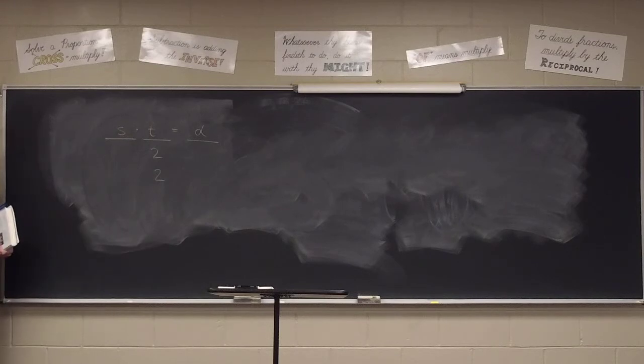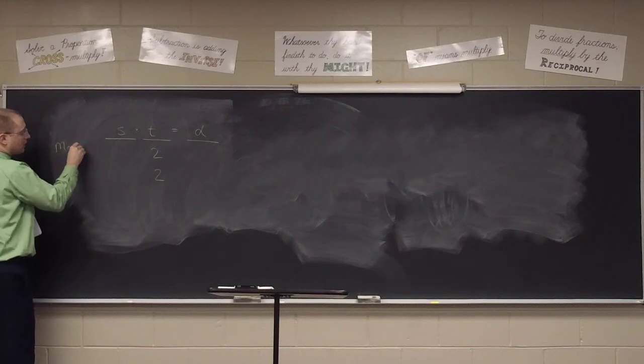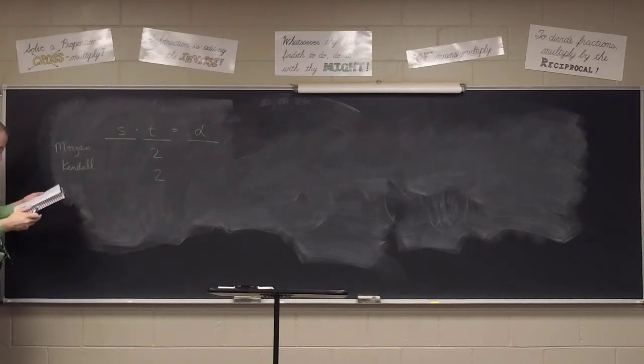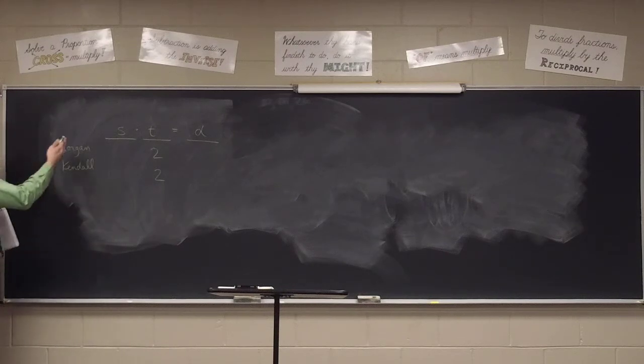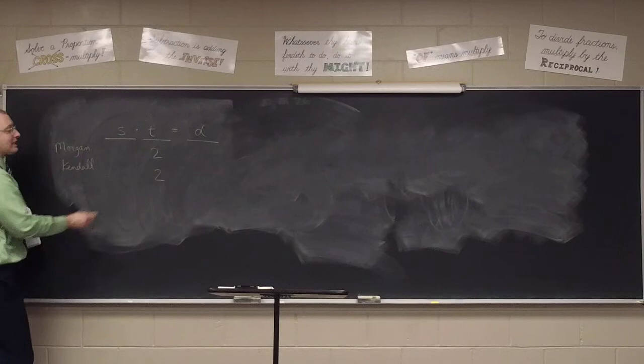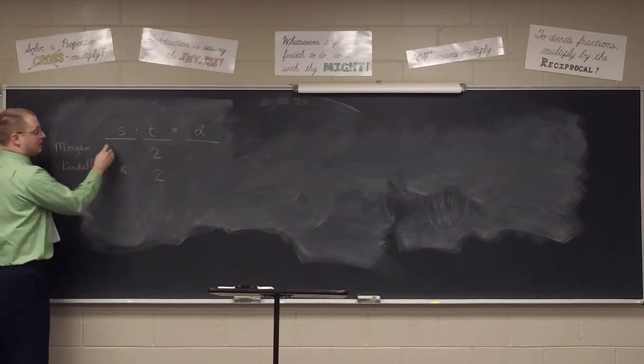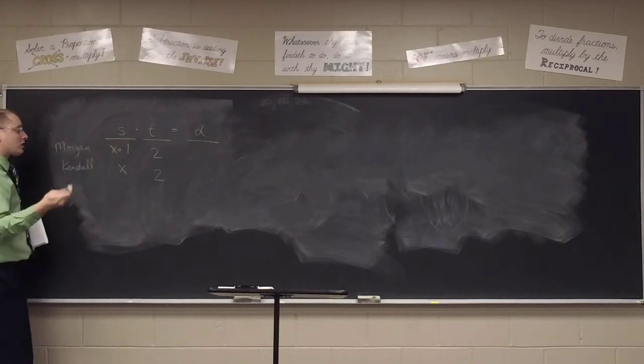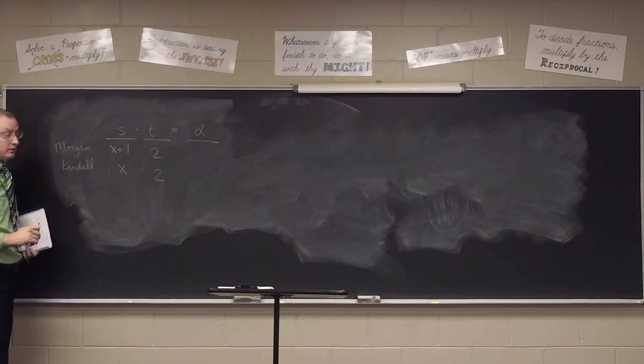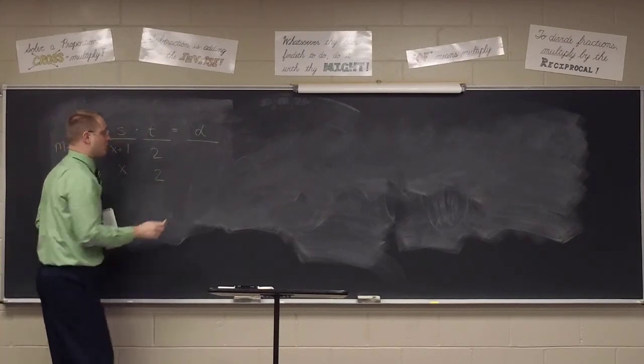What does it tell us about their speeds? That Morgan ran 1 mile per hour faster. Right, so who gets to be x? Kendall, because if Morgan's 1 mile per hour faster than Kendall, Morgan is x + 1. So how far then must Morgan have run? No, that's how fast.